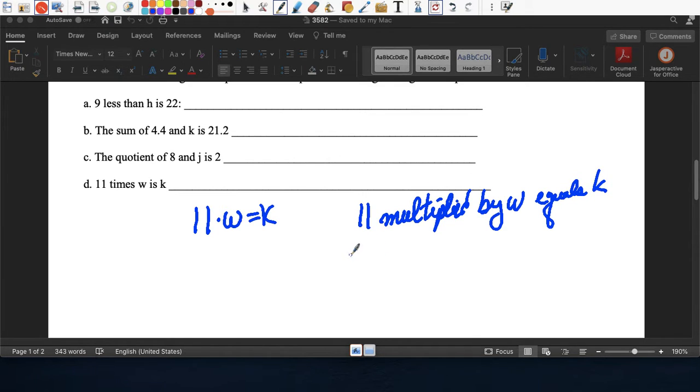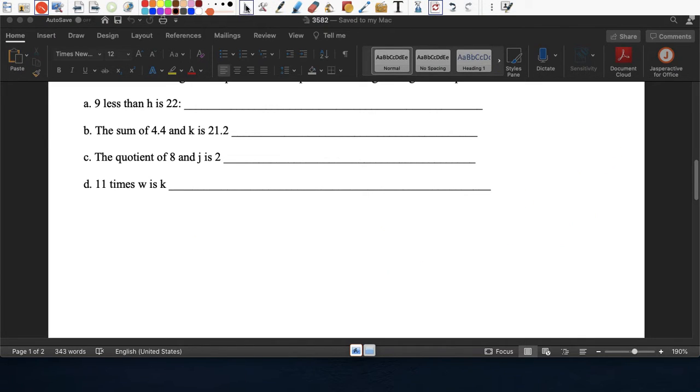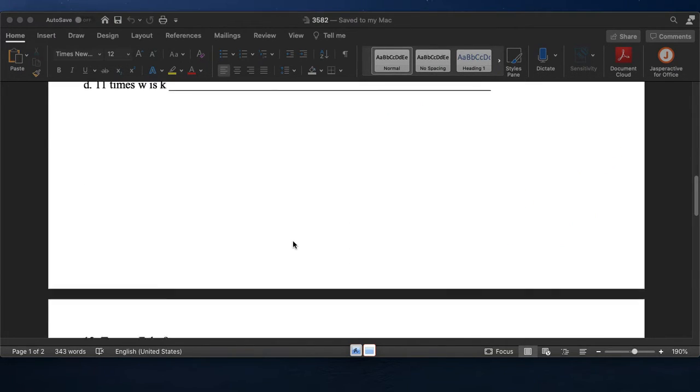Or we can say, yeah, that's right, the product of 11 and w is k. So another way of writing it. Okay. All right, so that's not that bad.